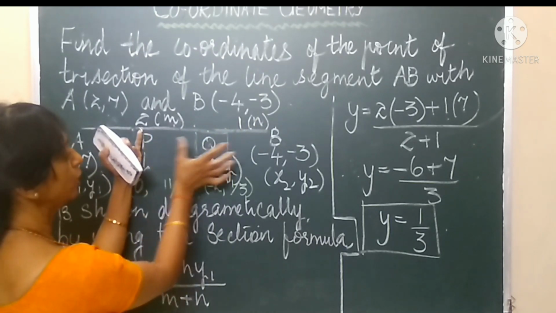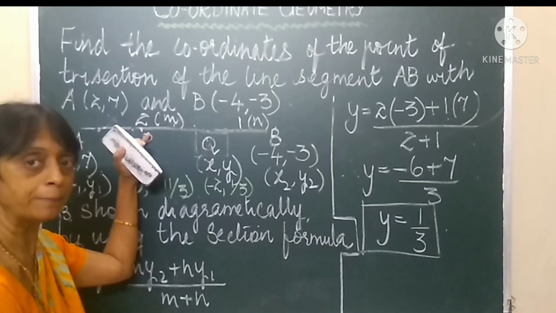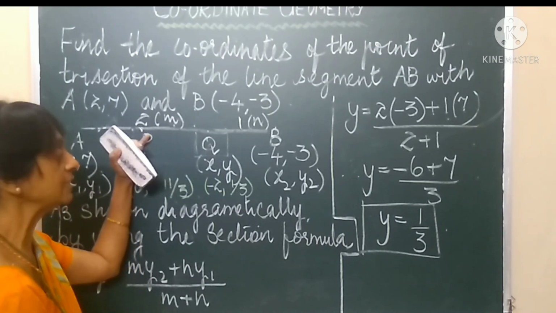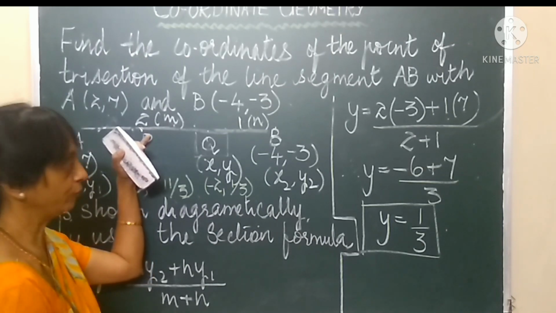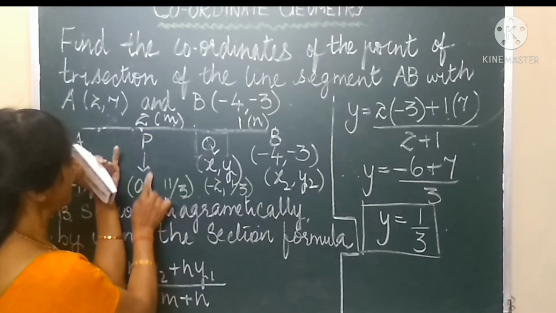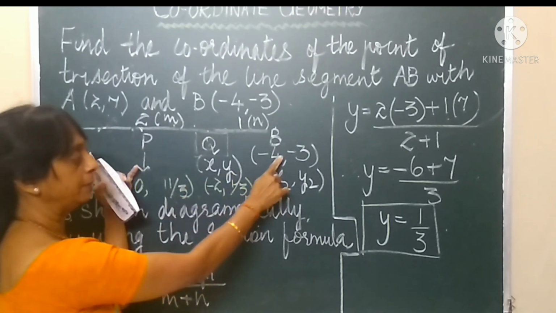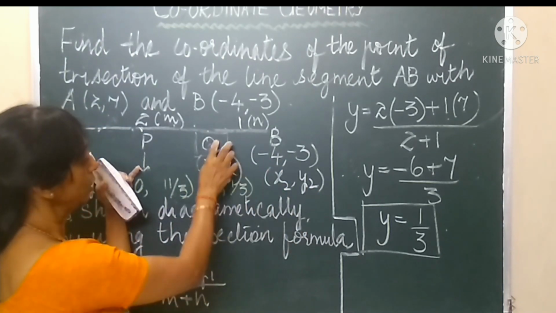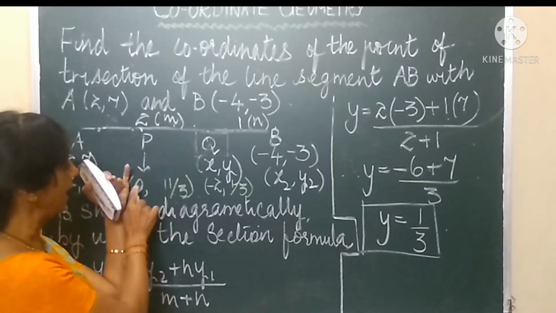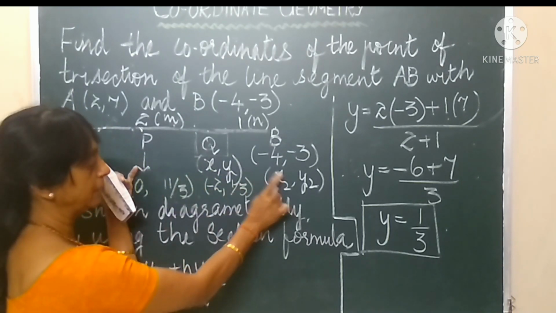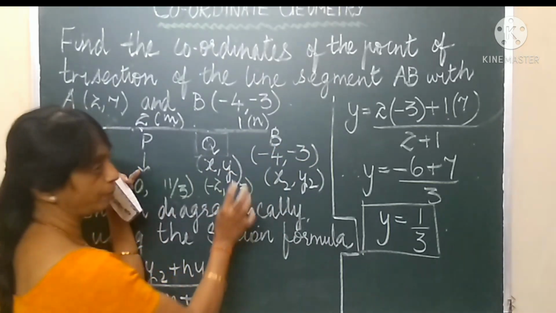That means PQ is to QB is 1:1. That means the ratio of M is to N is equal. That means definitely point Q is the midpoint. So if you want to use the midpoint formula, then you will have to assign the values of P as x1, y1, B is already x2, y2, Q already we have assigned x, y, and you will use the midpoint formula as x is equal to x1 plus x2 upon 2, y is equal to y1 plus y2 upon 2.